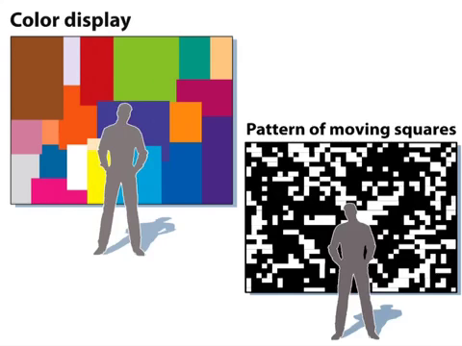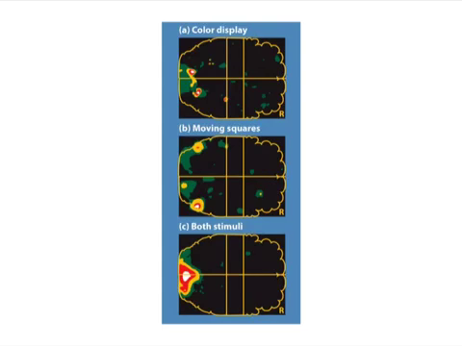In the second experiment, the rectangles were moved in one direction for 5 seconds and in another direction for 5 seconds. And when the control conditions were subtracted from the experimental conditions, in the color condition, the prominent activation was medial.